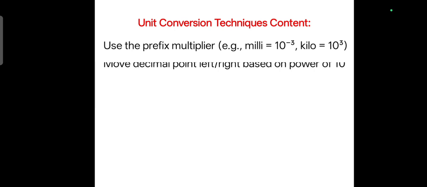Then unit conversion. How does unit conversion take place? The unit conversion technique is to use the prefixes multiplier, which we have already discussed. Milli is 10 raised to power minus 3, kilo is 10 raised to power of 3. For the unit conversion from milli or kilo to the base value, you have to move the decimal point left or right based on the power of 10.